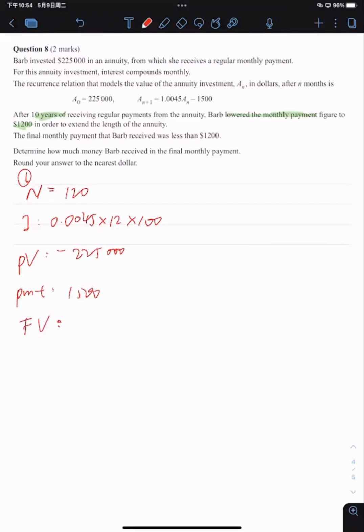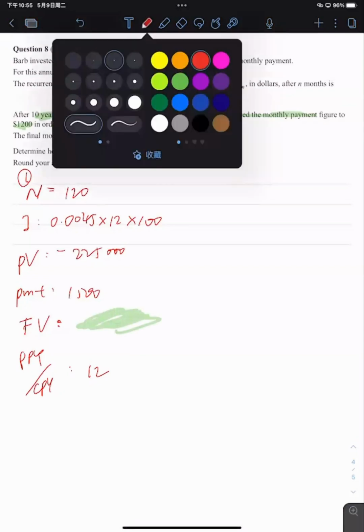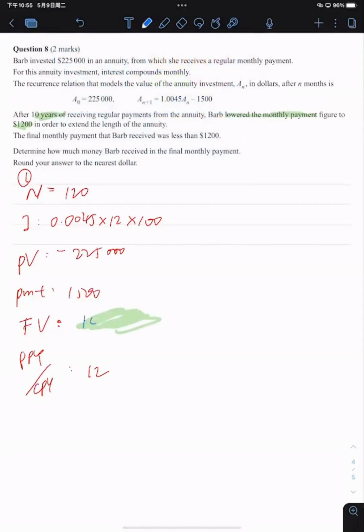All right, for the PPY and the CPY, how many times is it compounded a year? 12. All right, 12. Now put the light bar on the FV and then click enter, and we can see that the FV is 147657.64766-ish.